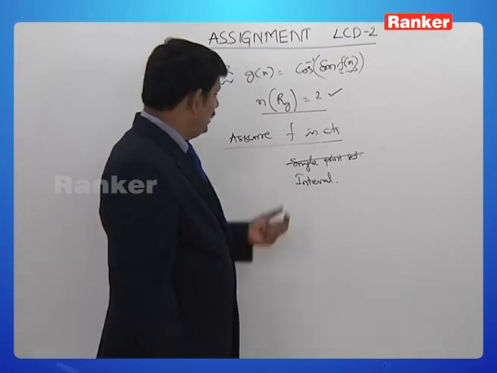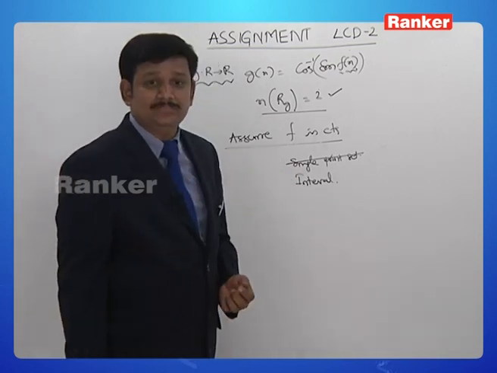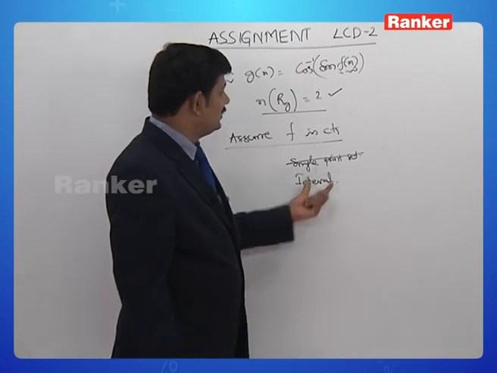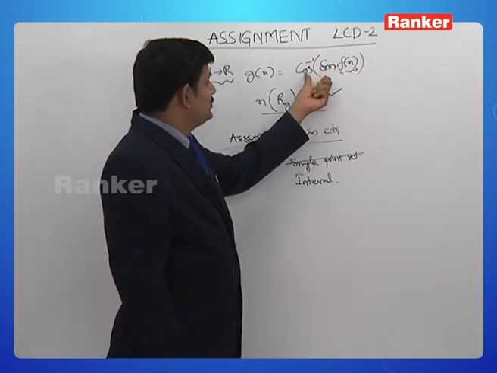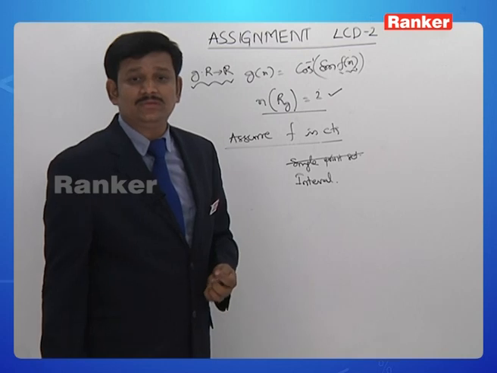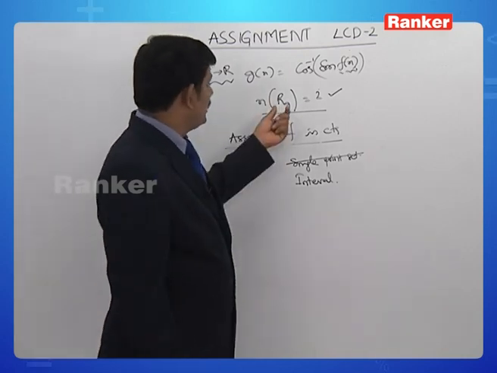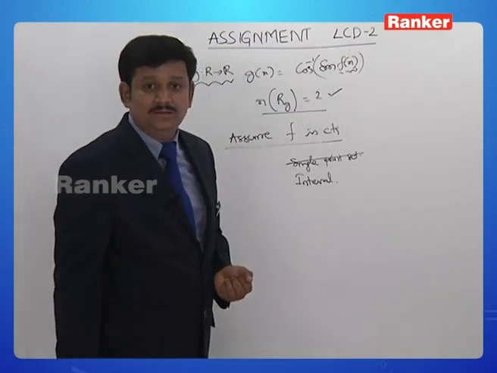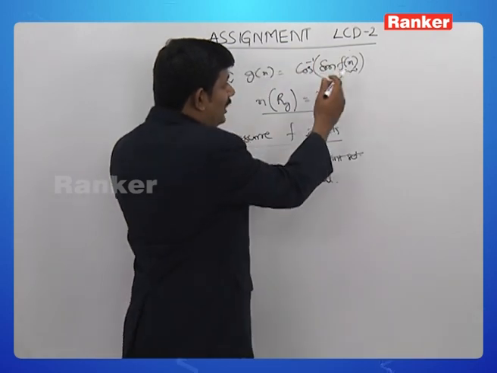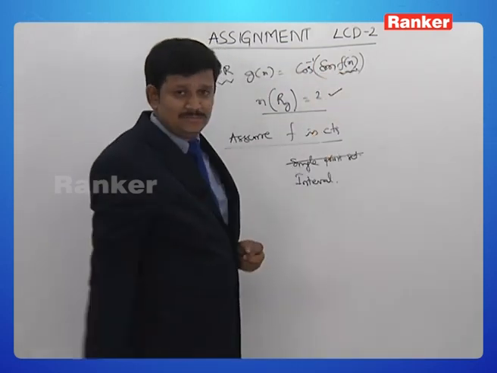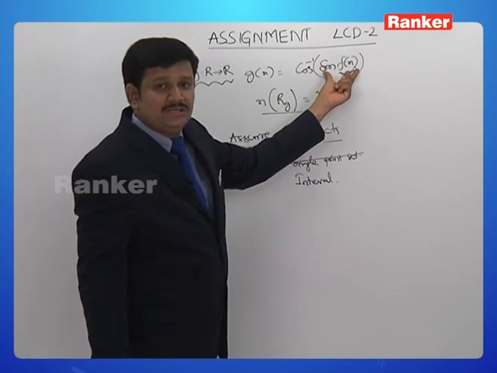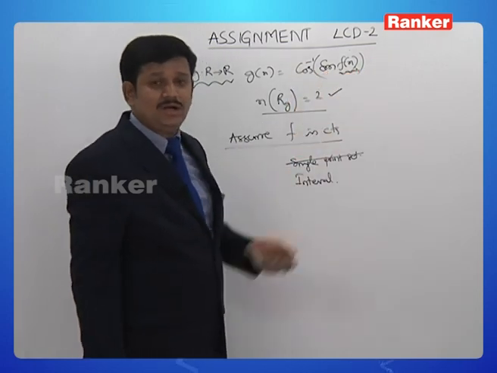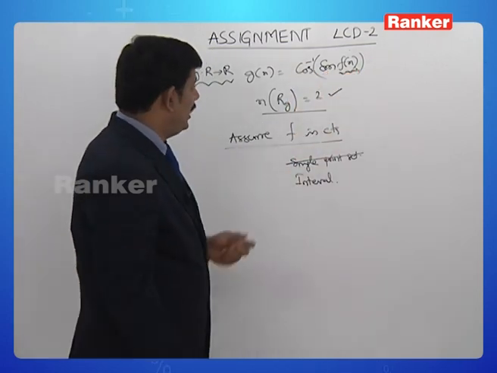Let us assume that the range of f is an interval. When the range of f is an interval, then cos inverse of sine of f of x will also give you a range which is an interval. I am substituting an interval in sin x, my output will be an interval, and this inside cos inverse will also give me an interval.